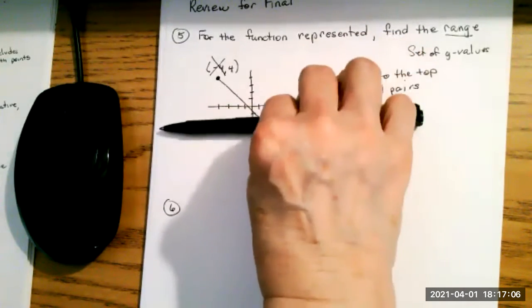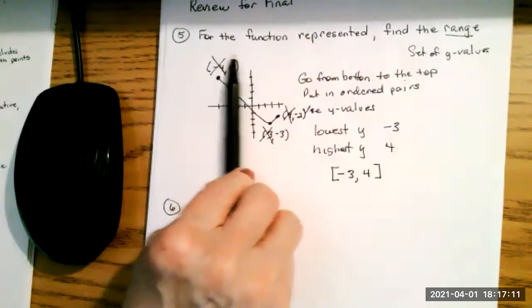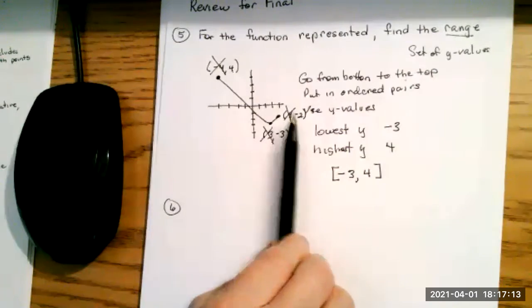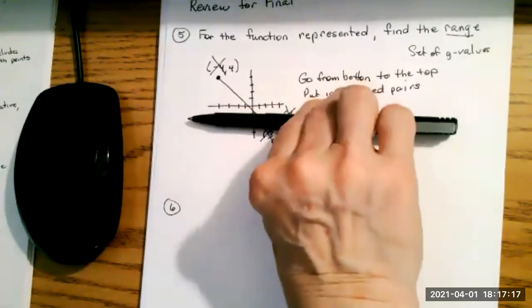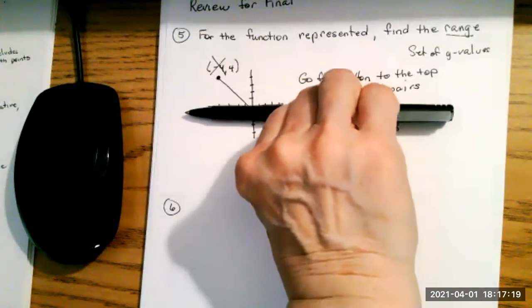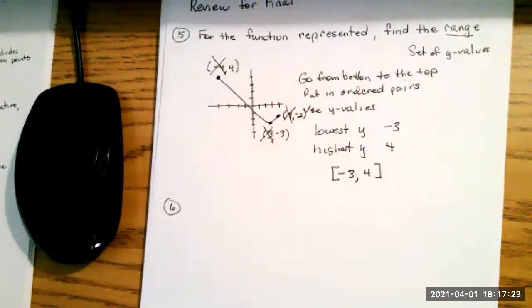So that -2 is included in that group. If I were doing the domain, I would use that point. But I'm doing the range, so I'm going from bottom, which is -3, and -2 is included there. It's in there, up to 4. Okay. Any other questions?